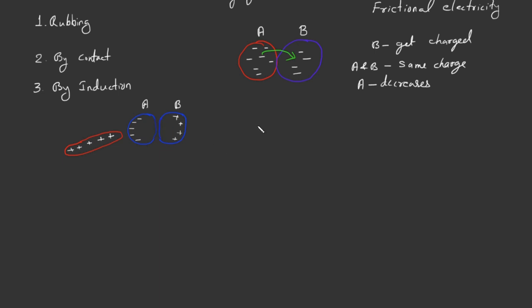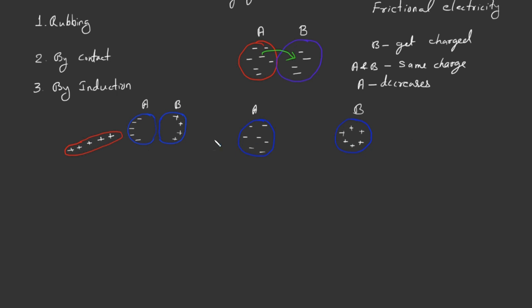Now remove the charged rod from there and increase the separation between metal spheres A and B. We can see that the metal spheres A and B got charged oppositely, and the charge will be distributed evenly on the spheres.